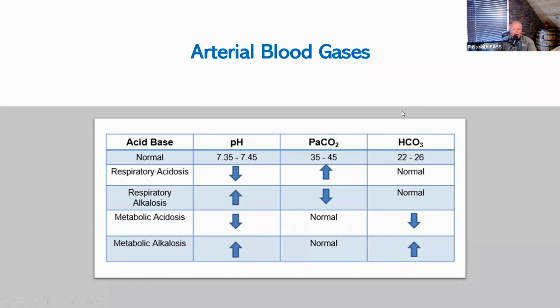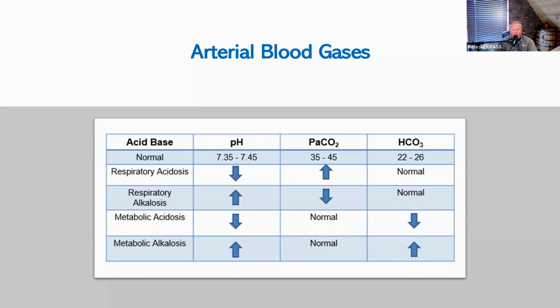And your normal bicarb is anywhere from about 22 to 26, and these are standard ranges across the board. So from a national testing perspective, I think that these are the numbers that you really need to commit to memory. And these are the numbers that they're going to use when giving you your arterial blood gas for interpretation.